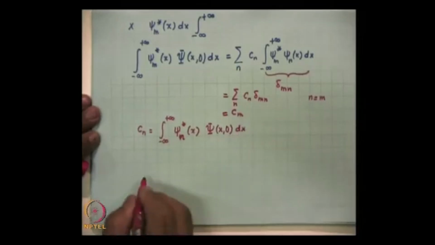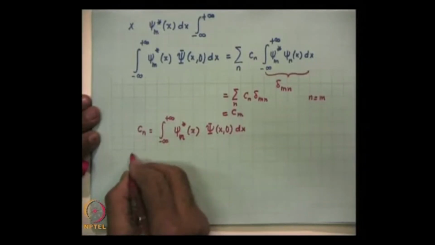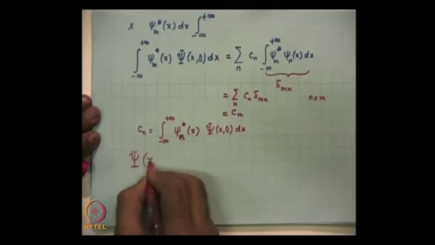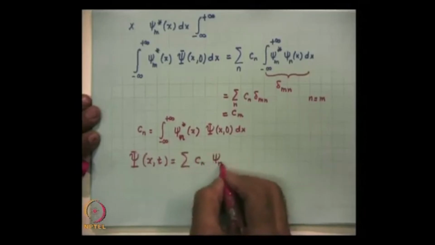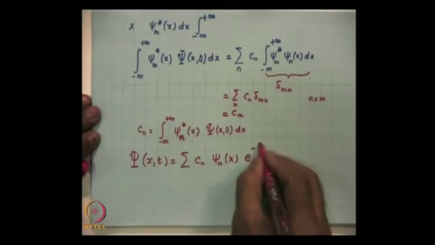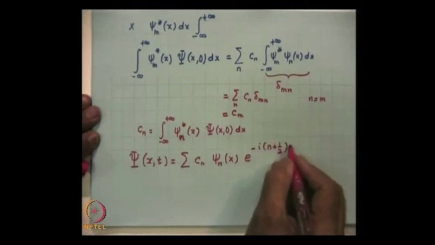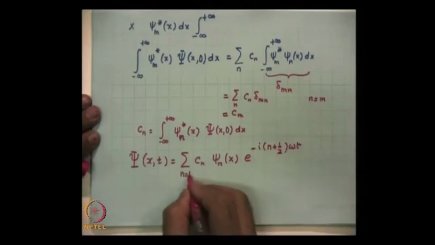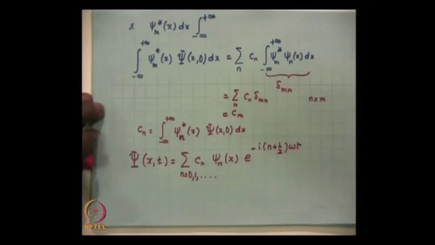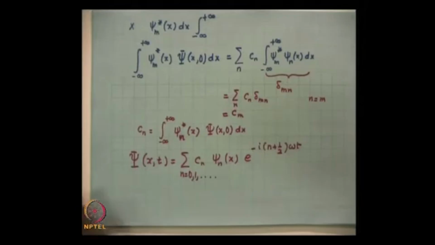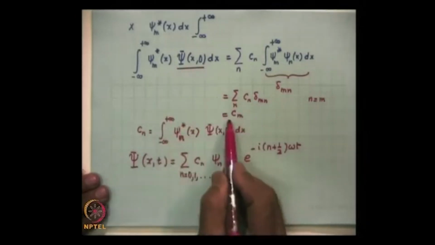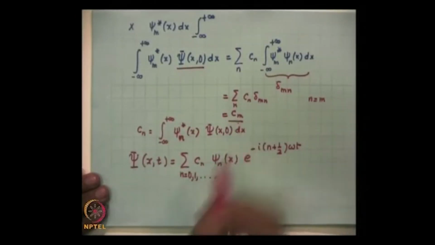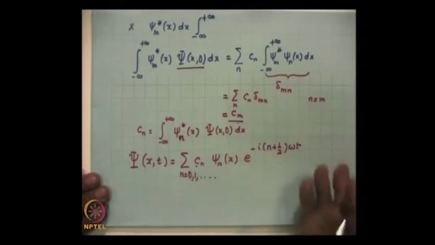If I know C of n, then I can substitute it: psi of x, t is equal to the sum of C n psi n of x e to the power of minus i (n plus half) omega t. There is one more thing that I would like to mention. If I know psi of x comma 0, I can find out C of n. Once I know C of n, I substitute it here and carry out the summation.